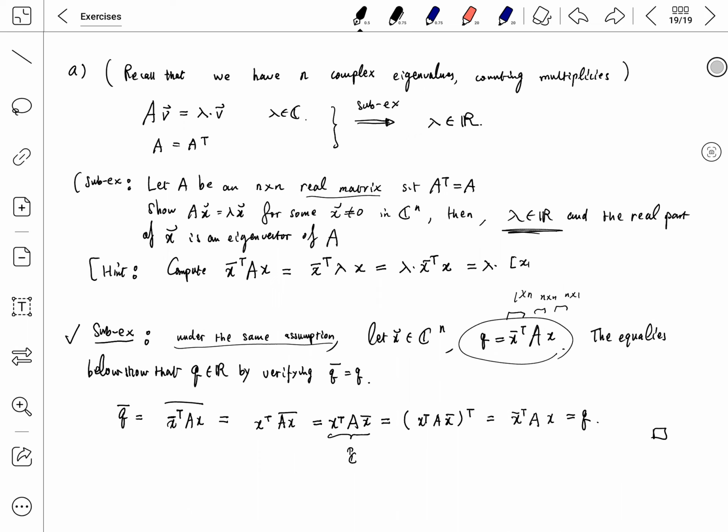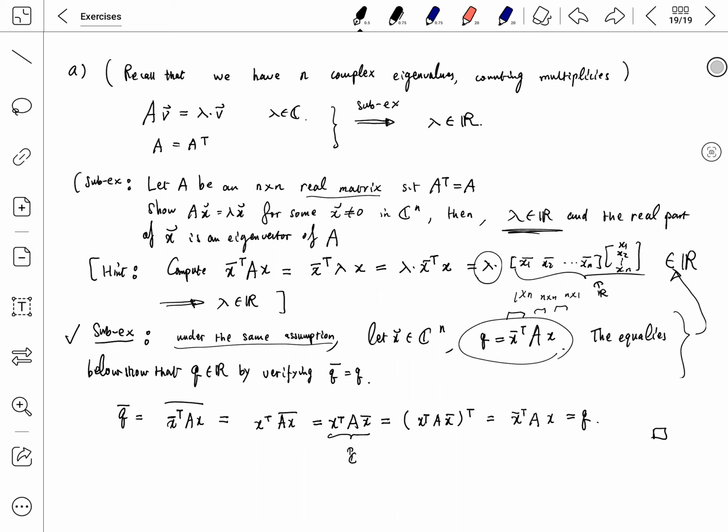This is x1 bar, x2 bar, xn bar, and then x1, x2, xn. Obviously this is a real number. And so this is a real number by this sub-exercise. What did we use?